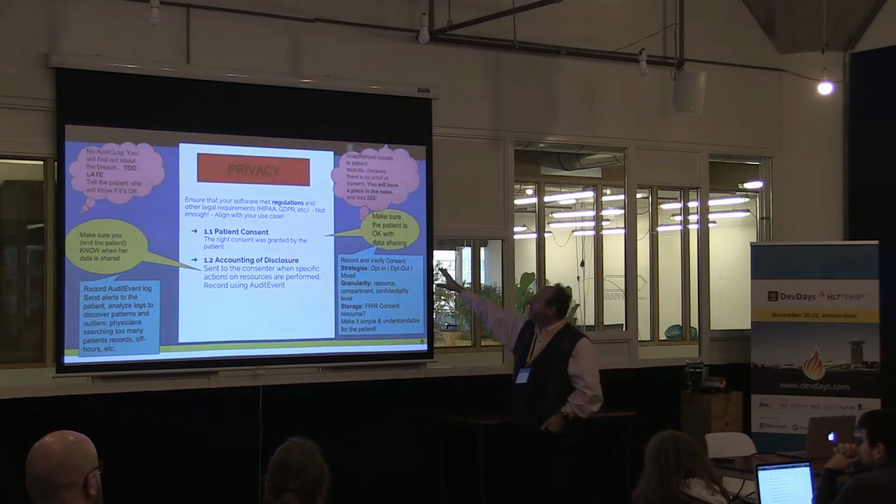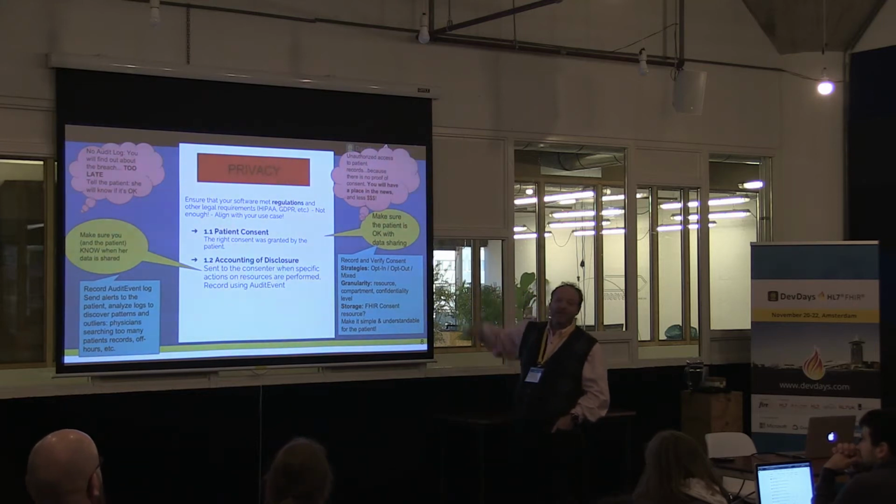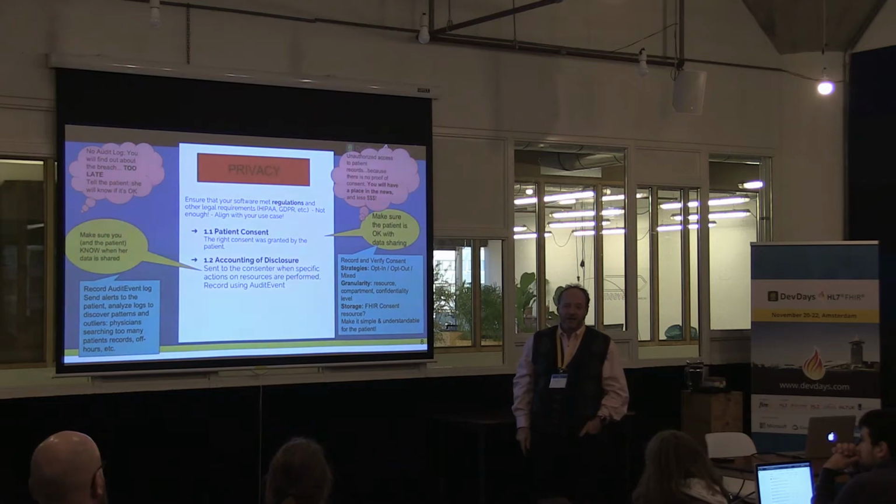So what happens if you don't do this? If you don't have proof of consent, you will have a place in the news. It happened last week to Google. Have you read the news about this?